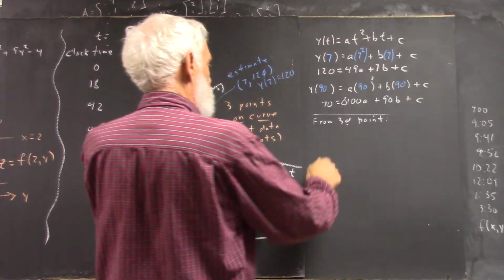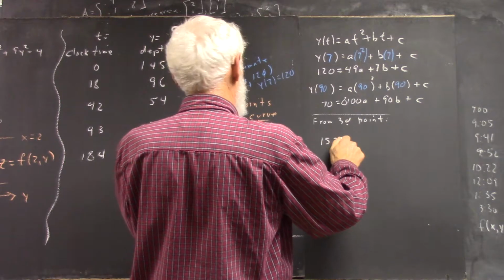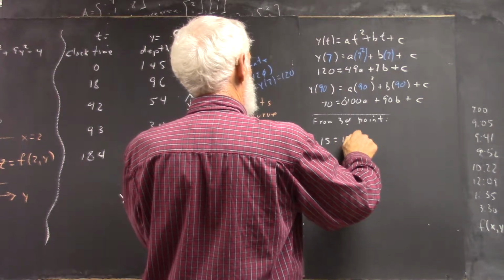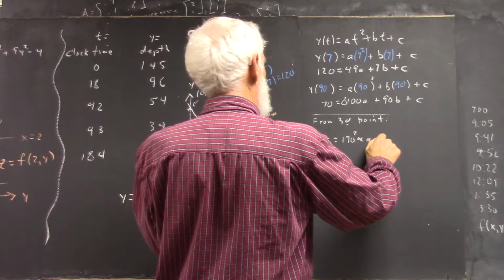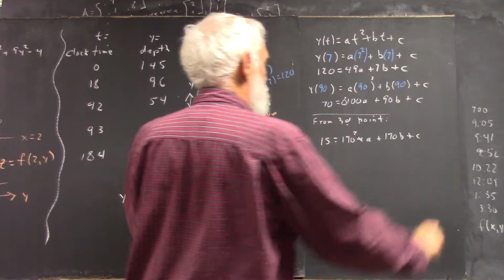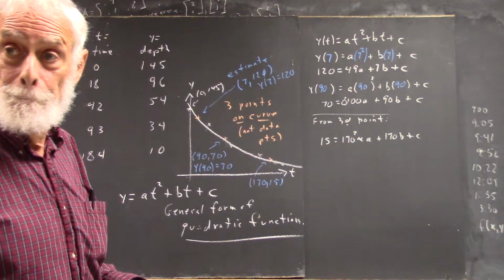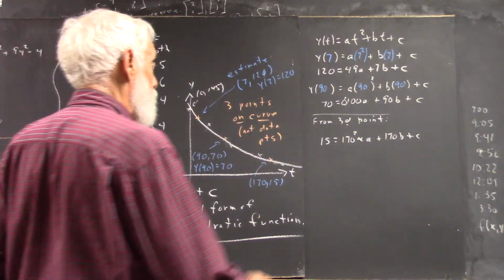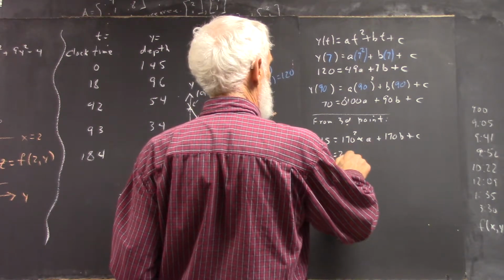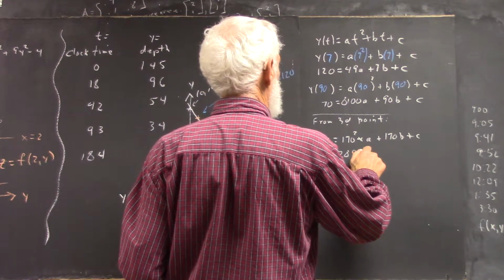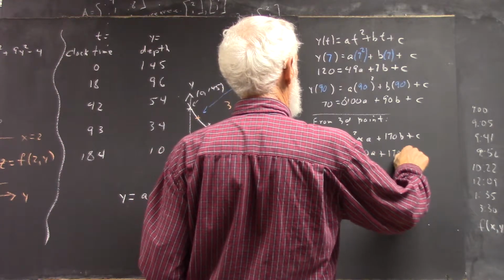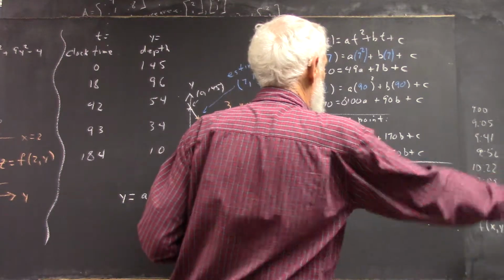We get 15 equals 170 squared times a plus 170b plus c, right? So that 170 squared is 28,900a plus 170b plus c.